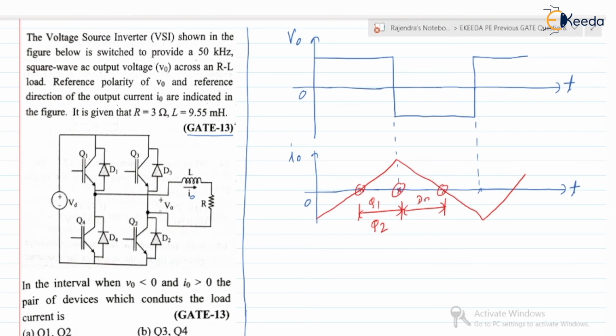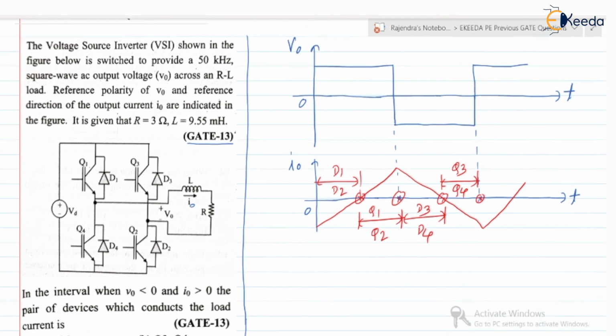So during this interval, D3, D4 will be in the on state. Again, from this point to this point, Q3, Q4 will be in the on state. Again the inductor stores the energy, and after that, for the continuous case, between this interval diodes D1, D2 will be in the on state.